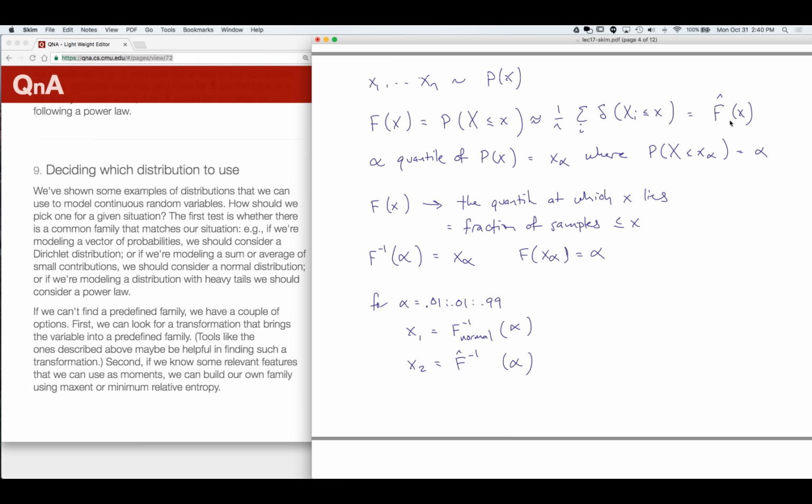And that's what our empirical distribution function says we would expect the alpha quantile to be. And then after computing these, we should store them. I'll just write pseudocode: add x1, x2 to the plot.